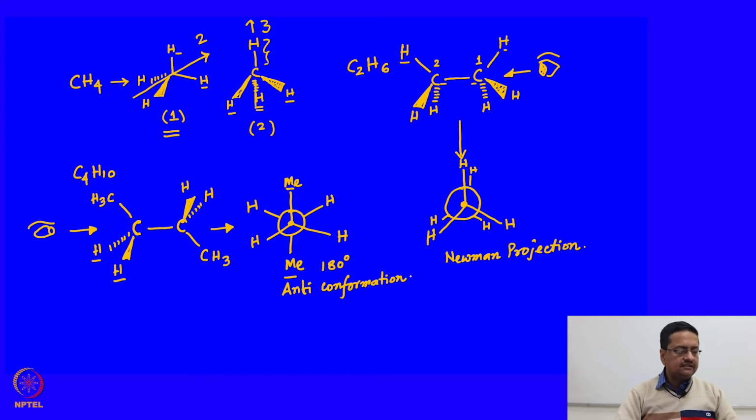So, let us now try to concentrate on some molecules which have different groups connected to the two corresponding carbon atoms which we are talking about. Suppose we have a molecule like this here.